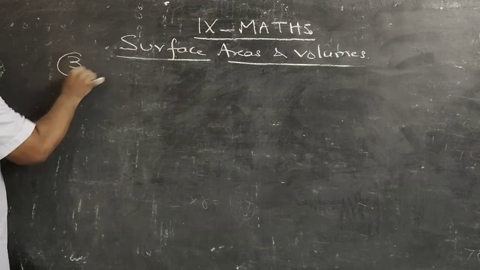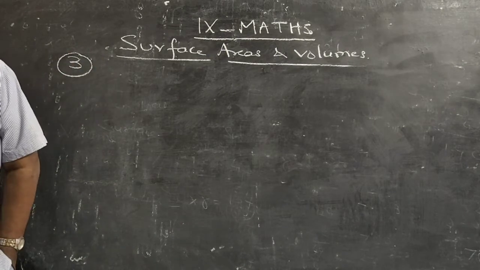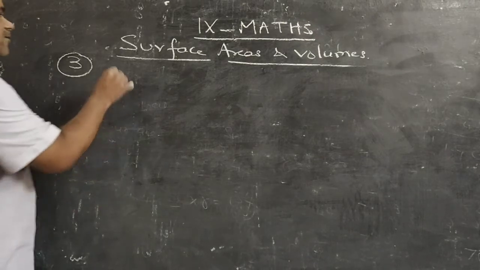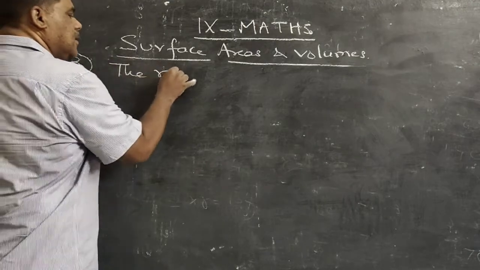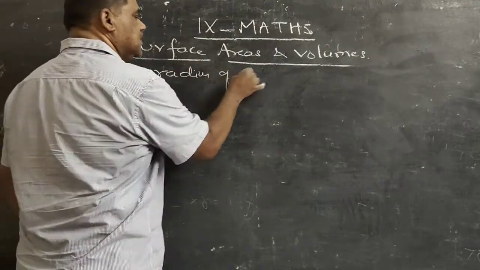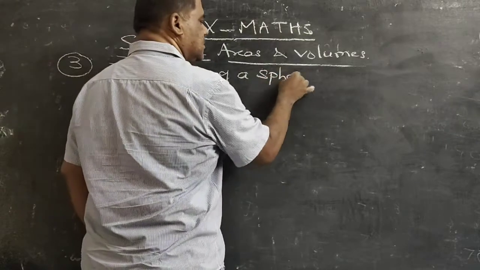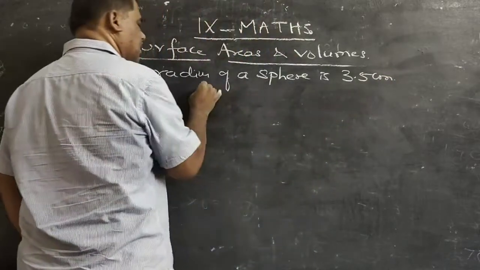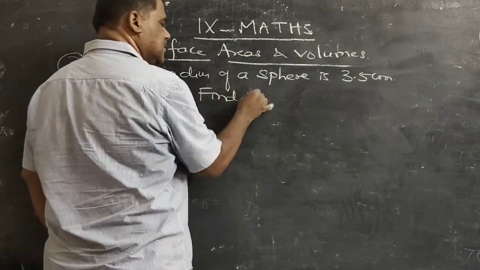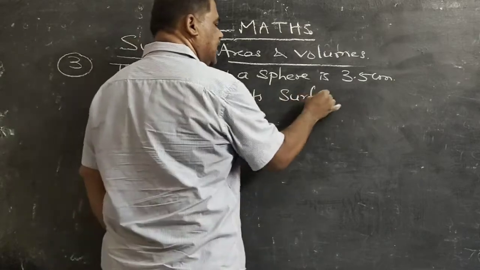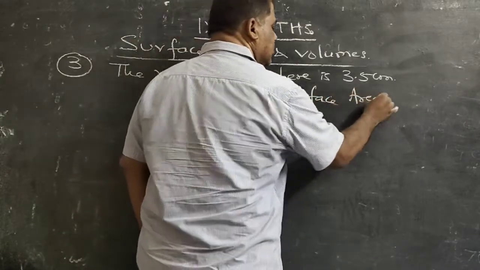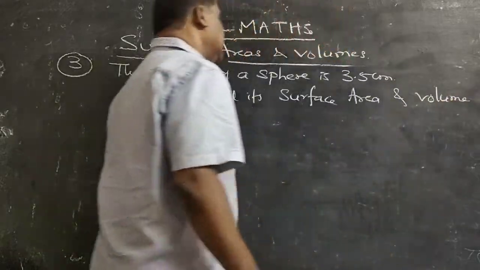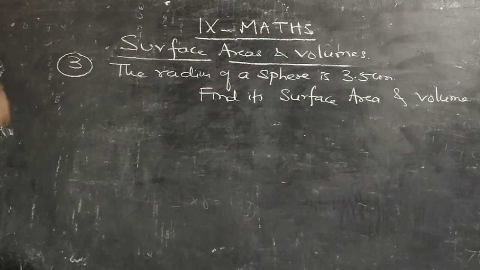Right, the third problem. The radius of a sphere is 3.5 centimeters.